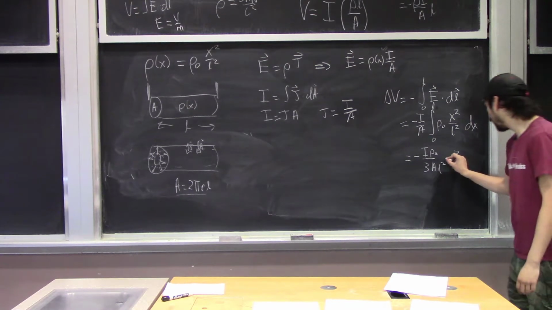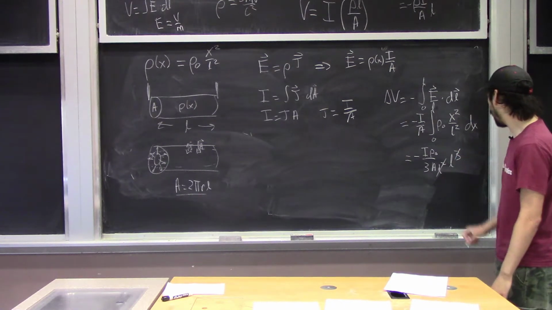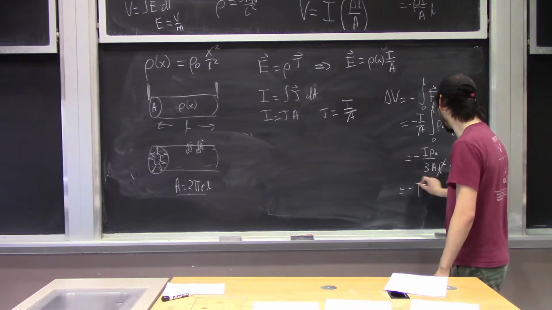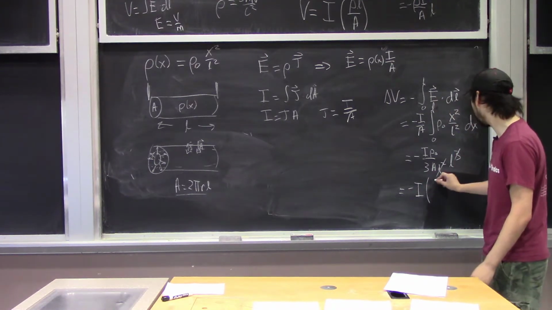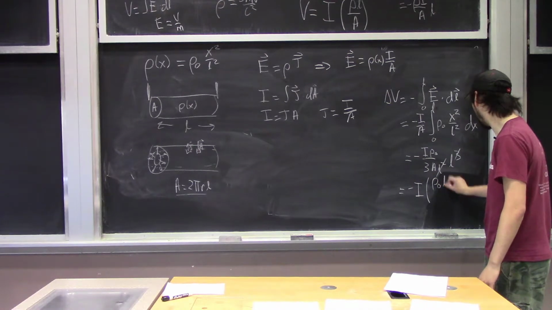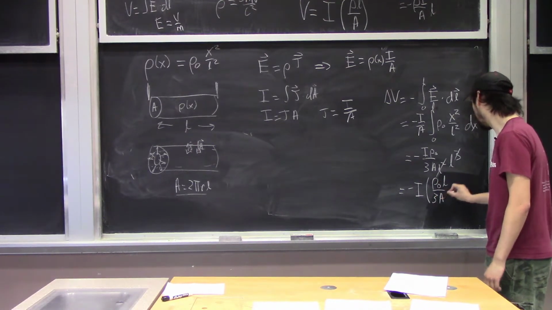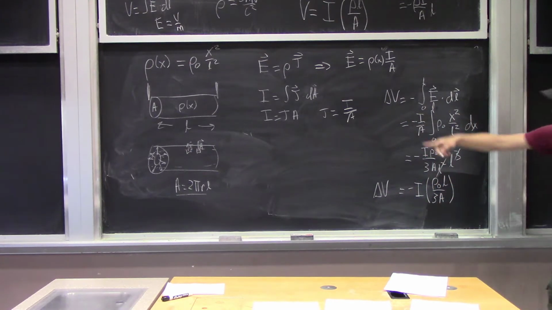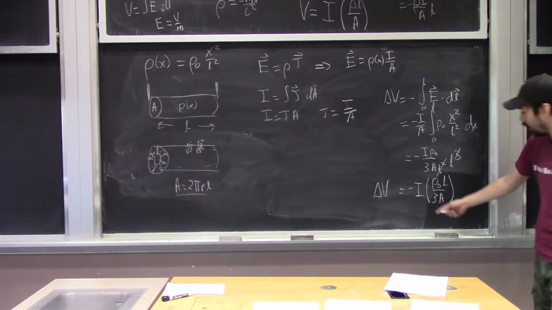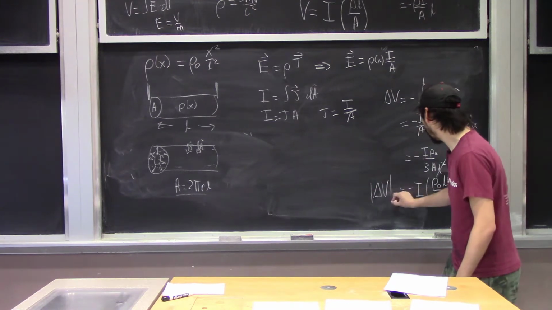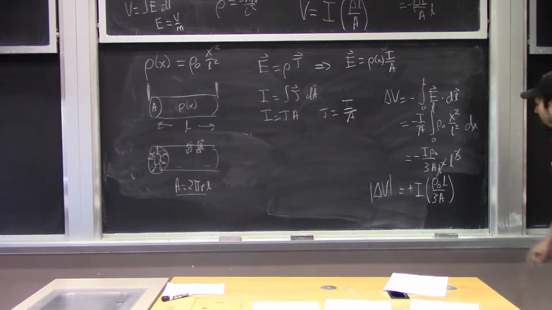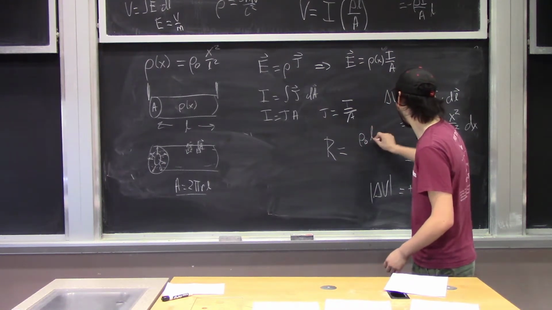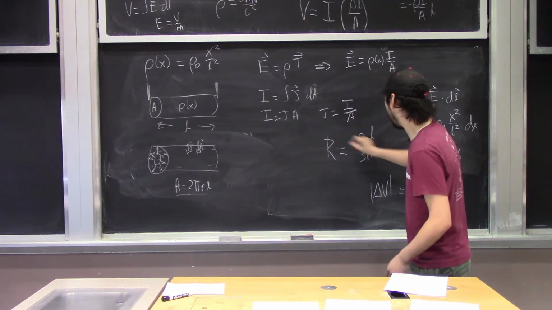So I can get rid of 2 factors of L, and then this says that this is going to be equal to minus, I'm going to put the I by itself, rho 0 L divided by 3A. And this is delta V. And because what we want to say is that the resistance is constant, I can just take an absolute value here and say then that my resistance R is just going to be equal to rho 0 L divided by 3A.